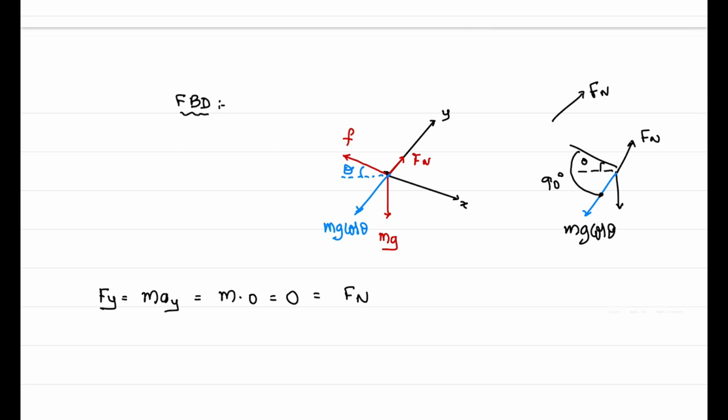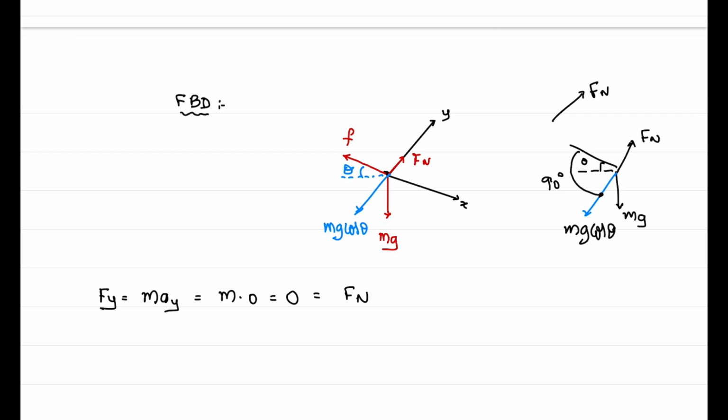This is mg cos theta. Did you understand? If theta is here, here it is mg cos theta. You should not make a mistake here, because the inclined plane direction may be changed. The mirror image may be made. In that case also you should be able to understand how to resolve these forces in the x and y direction.